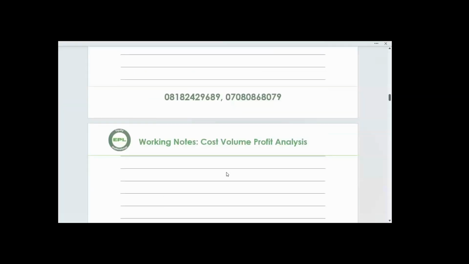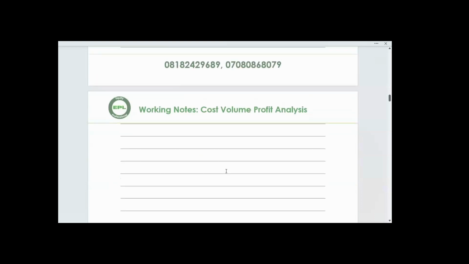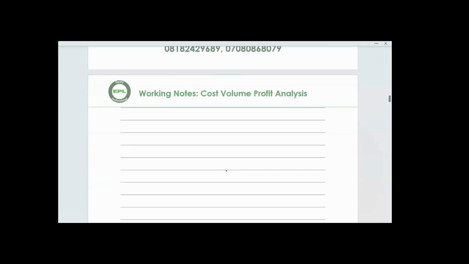So let's calculate contribution. How do you compute your contribution based on the information available? I can calculate contribution in 3 different ways based on the information given to us in this question. So I have product A, product B, then total for the company as a whole.